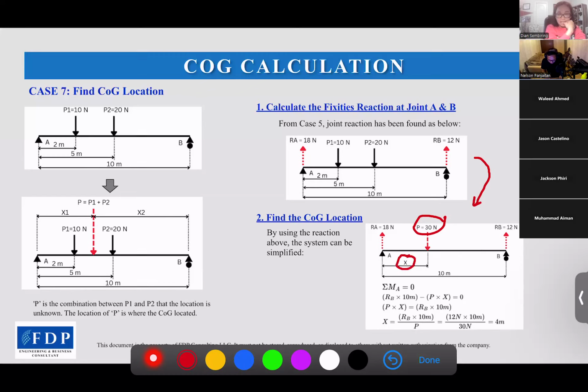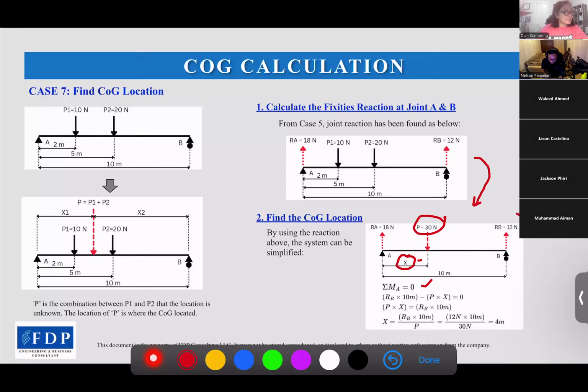To get X, we can choose either moment at A equals 0 or moment at P equals 0. For this case, I use moment at A equals 0. Then what is the moment acting at joint A?